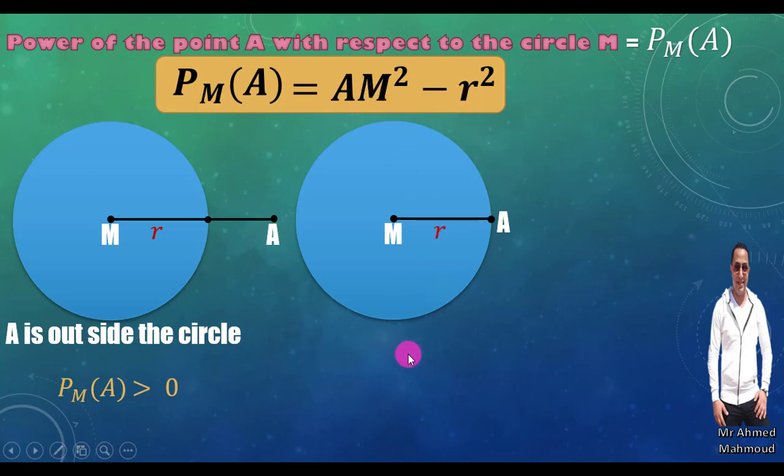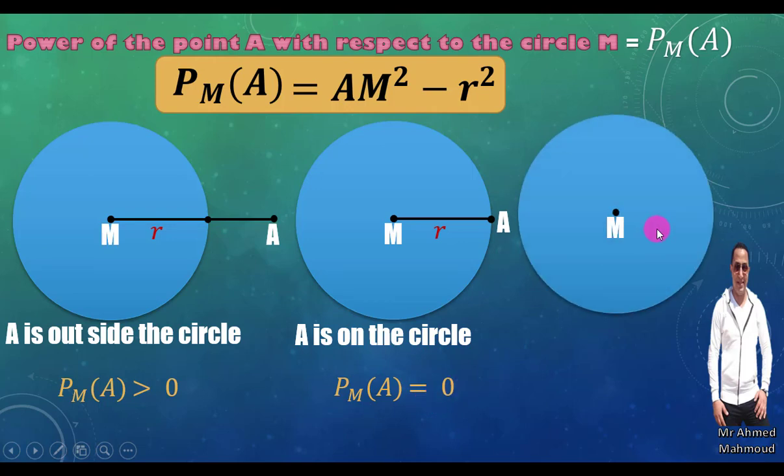So if A is on the circle, the power of the point A equals 0. And the last case, if A is inside the circle like this, now AM is smaller than R. Again, AM is smaller than R, so this difference will be negative.